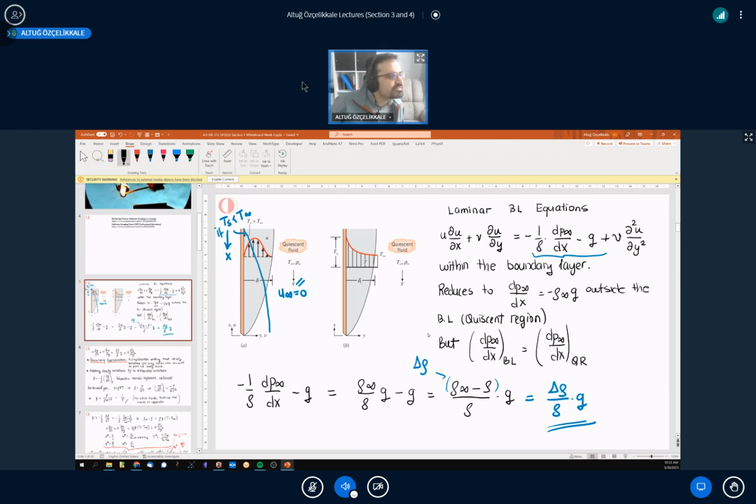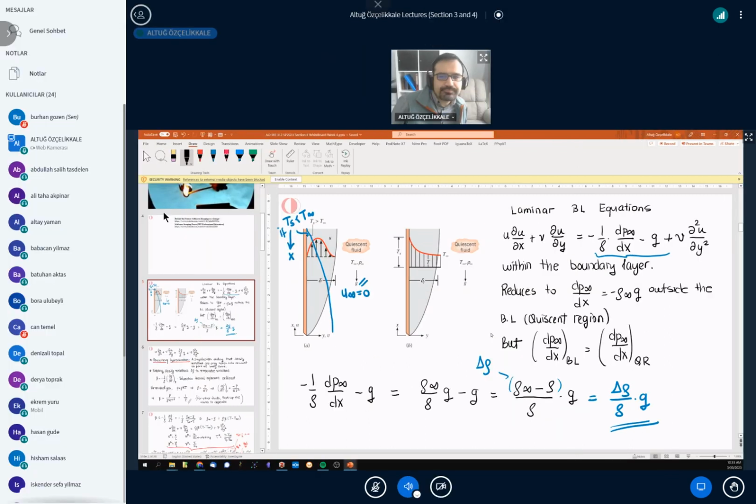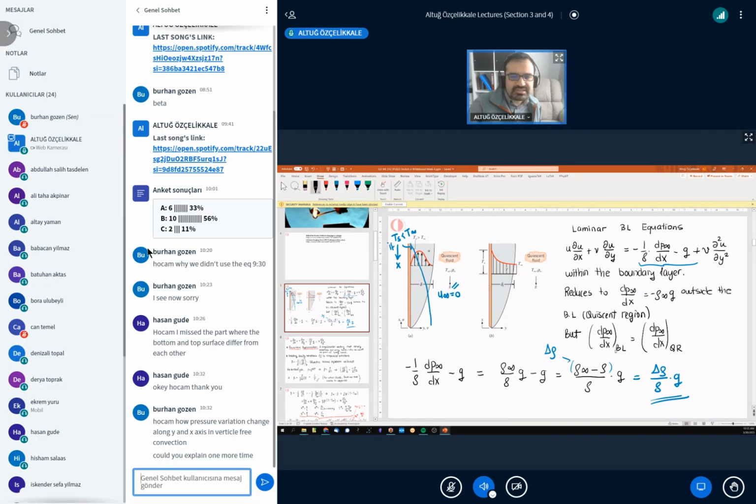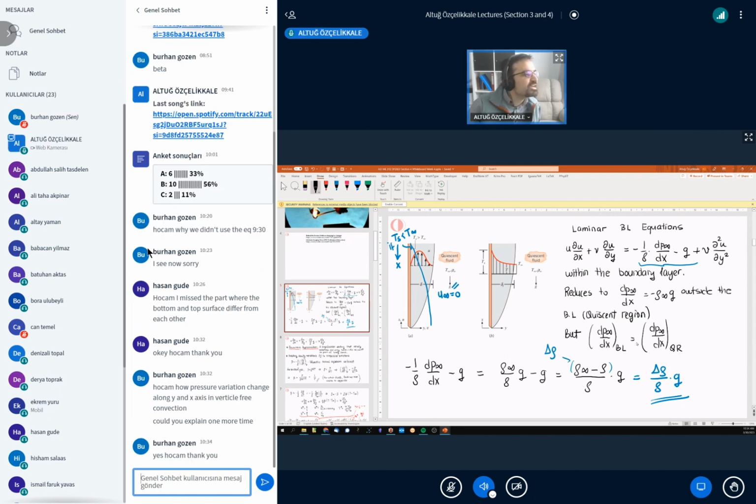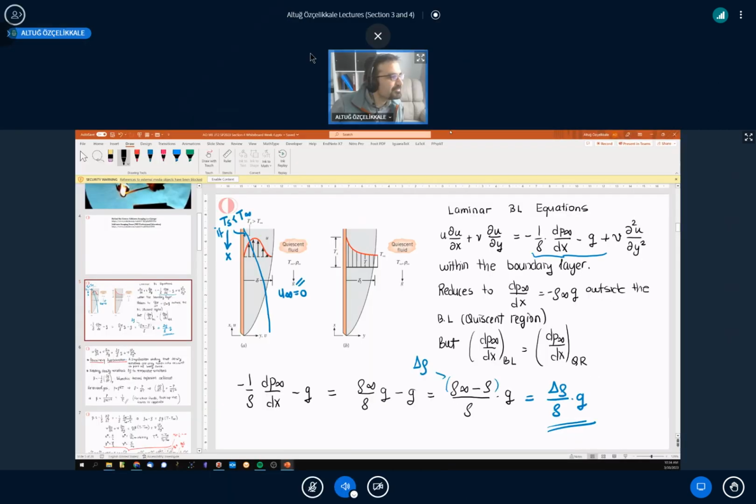Does this make sense? And that's how we can actually write this term. dP by dx within the boundary layer is equal to the same as dP by dx within the quiescent region, because dP by dy is 0, coming from y momentum. All right.